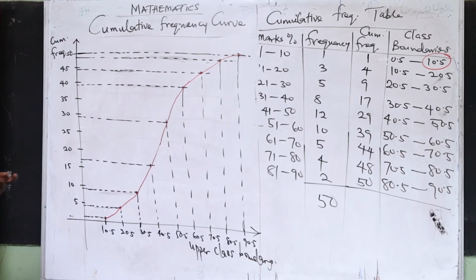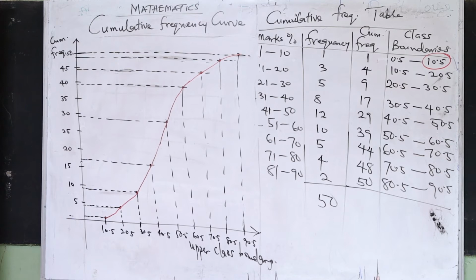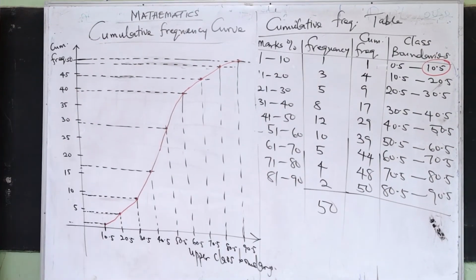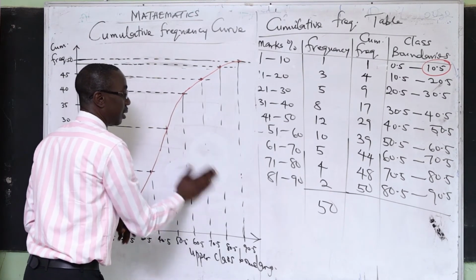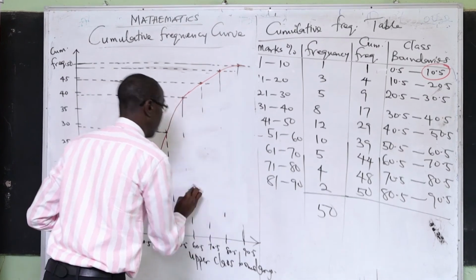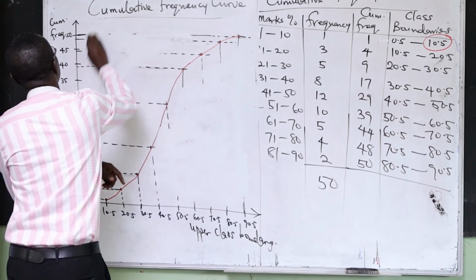This is the way your curve should look. You have your curve already. Can I see your hand? Oh, that's a good one. So, like I said, those dotted lines are not necessary.